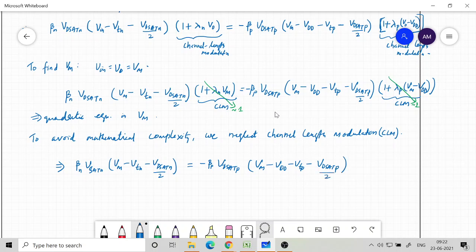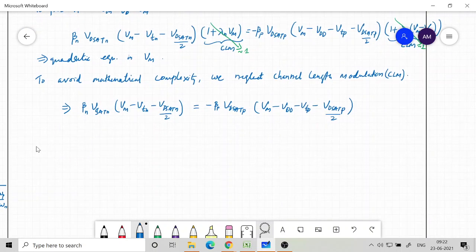Okay, now again as before we can define something as R. Let R be equal to beta P into Vd sat P divided by beta N into Vd sat N. Okay, I am not putting the minus sign now.